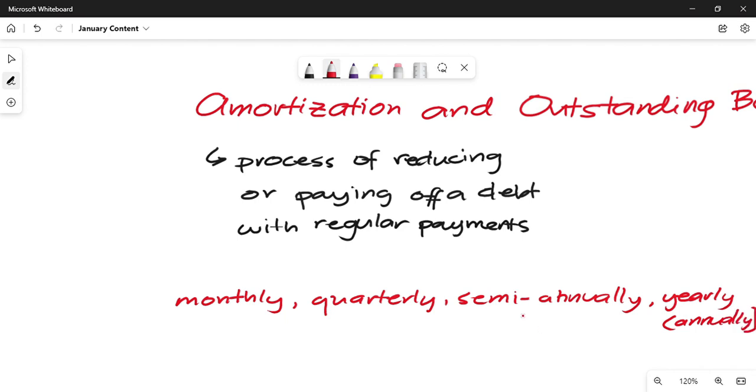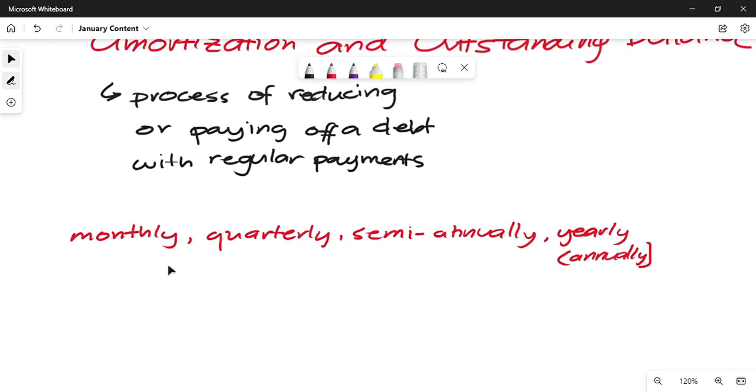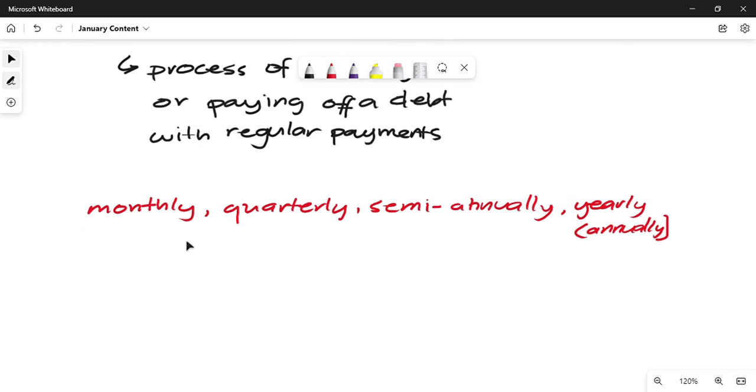So a problem you may encounter would say Mrs. Gomez is paying her monthly amortization, or how much is her quarterly amortization, or semi-annually or yearly amortization. So it depends on the problem what you should use. So in the formula there will be a variable m, which may vary depending on what amortization term is used. So there are four choices.